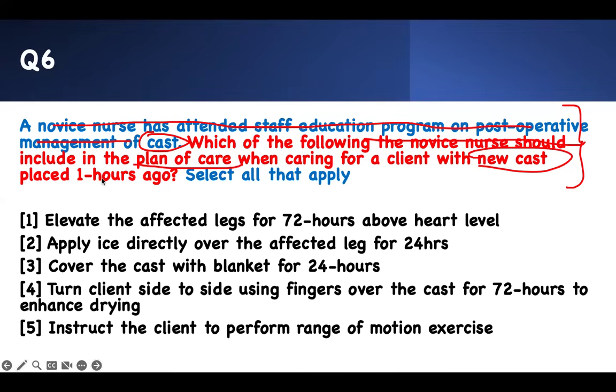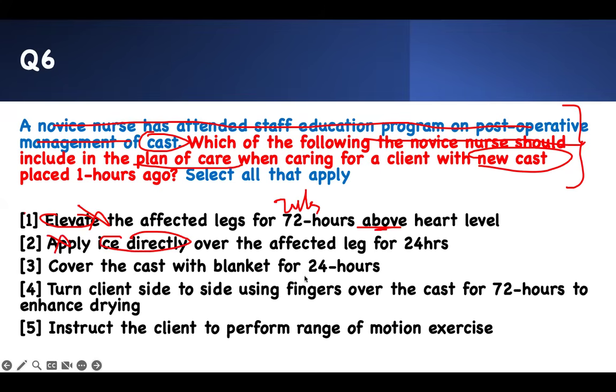When you have a cast, the first thing to know is to elevate the affected leg for 24 hours. After 24 hours, you should not elevate it anymore. So this needs what? We said which should be included in the plan of care. This should not be included. Apply ice directly over the affected leg? You should not apply it directly, so this is wrong.